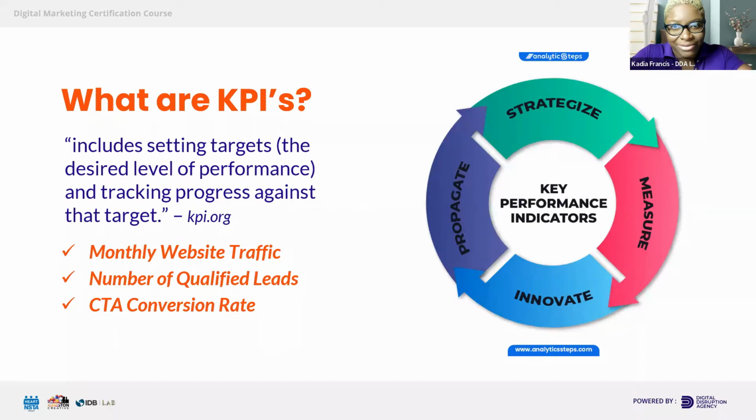Now that you have that KPI, because again, remember, it's a key performance indicator, you know that your website marketing strategy is performing well if you get to 50,000 visitors per month, right?